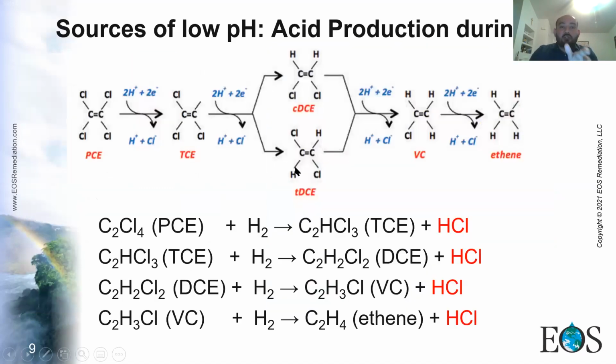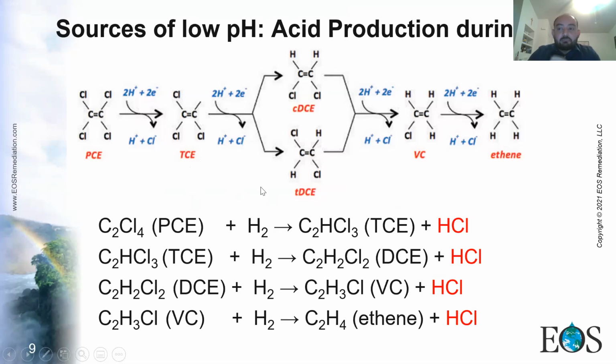The second cause of low pH is, as we discussed before, the acid production through ERD. We can see in the dechlorination process that every time you move along the process, you remove some chlorine atoms, but you're also generating a proton. Therefore, by consumption of hydrogen, you are basically generating hydrochloric acid.